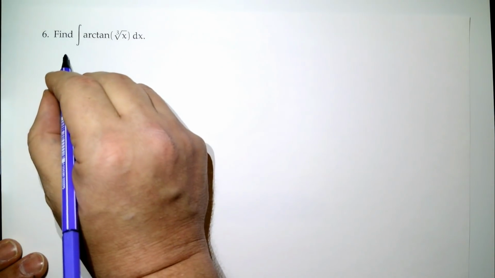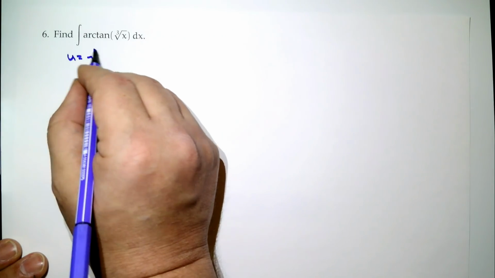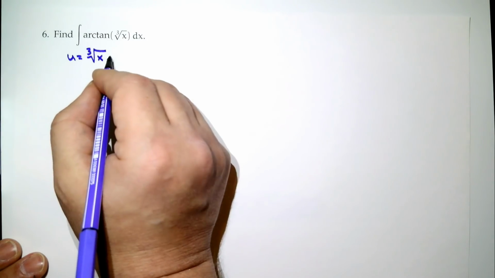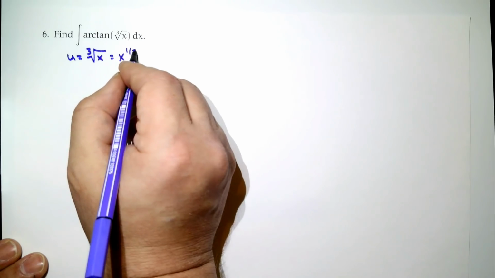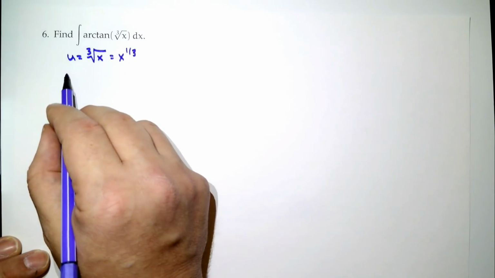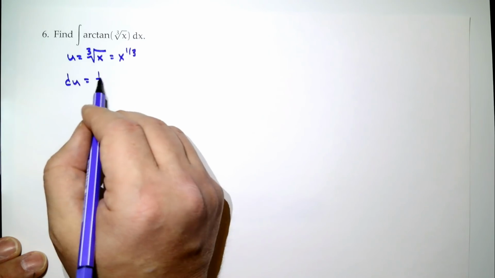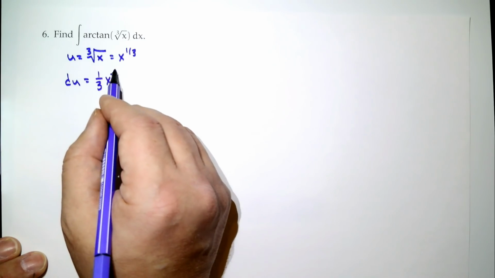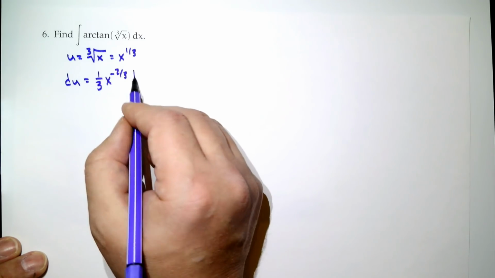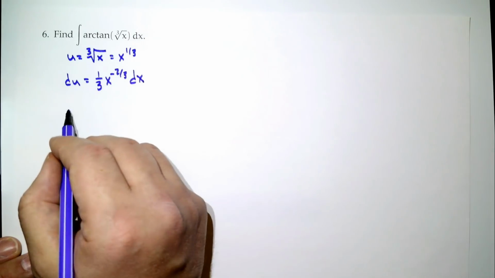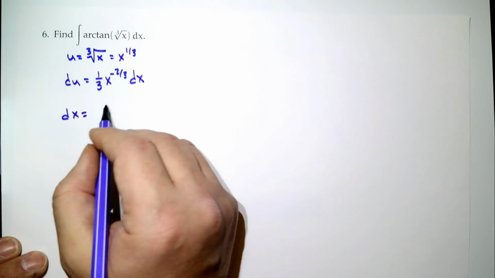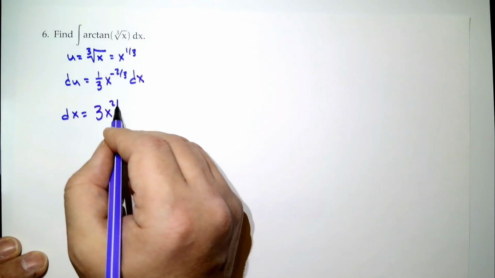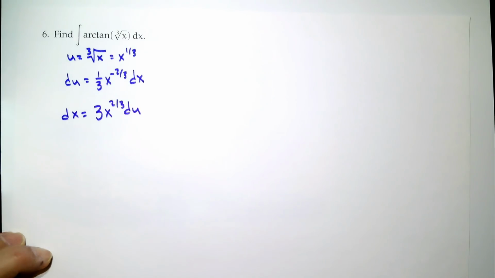So we're going to rewrite by saying u equals the cubed root of x, or if you like, x to the 1/3. And if we do that, then du is 1/3 x to the minus 2/3 dx. Or put another way, dx becomes 3 x to the 2/3 du. Now, I can't substitute dx equals 3x to the 2/3 du because everything left has to be in terms of u.